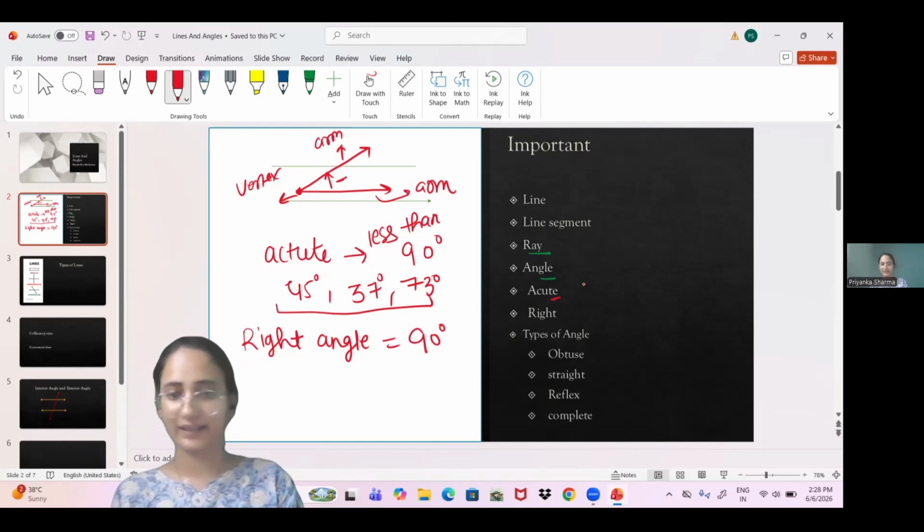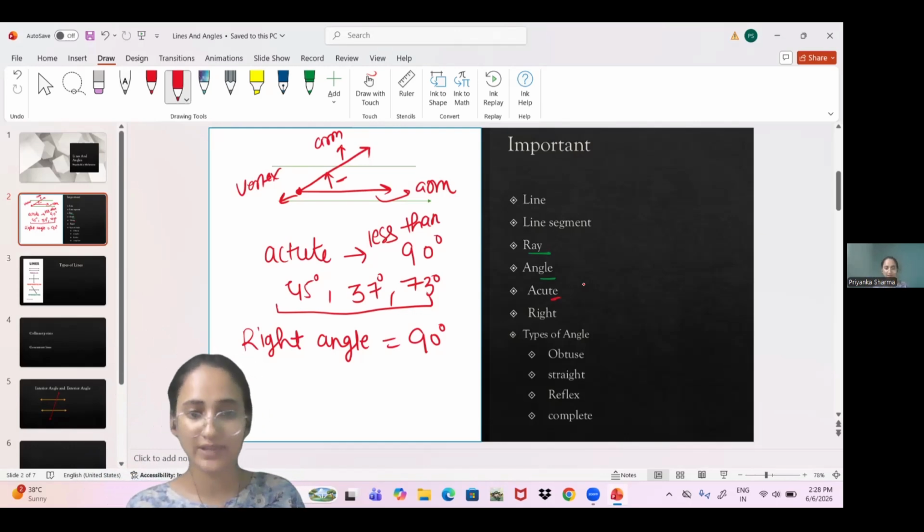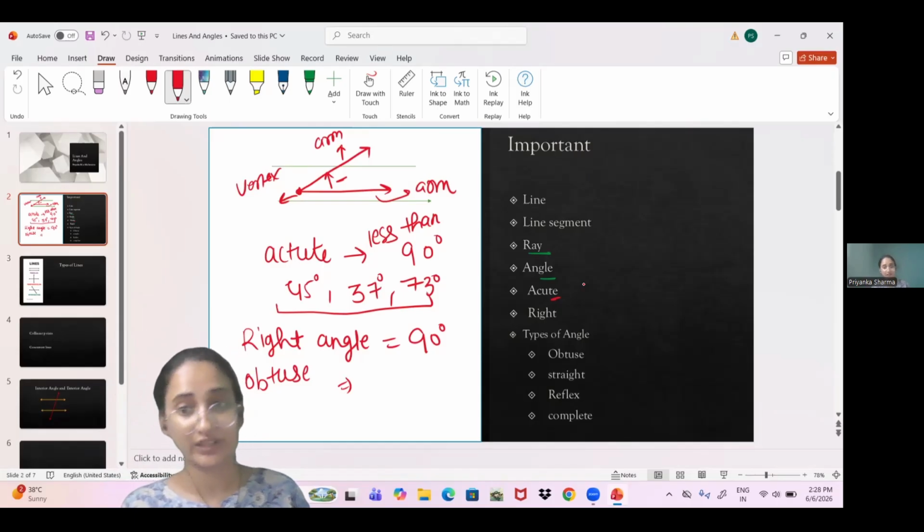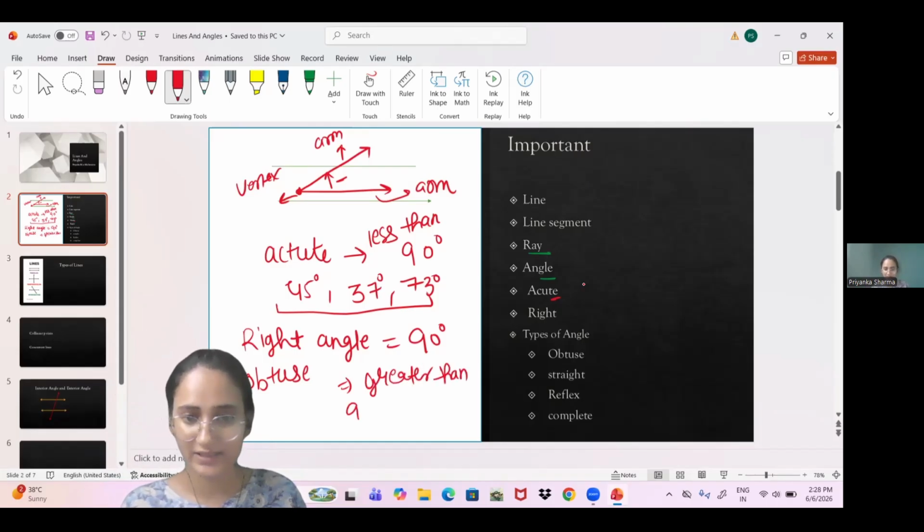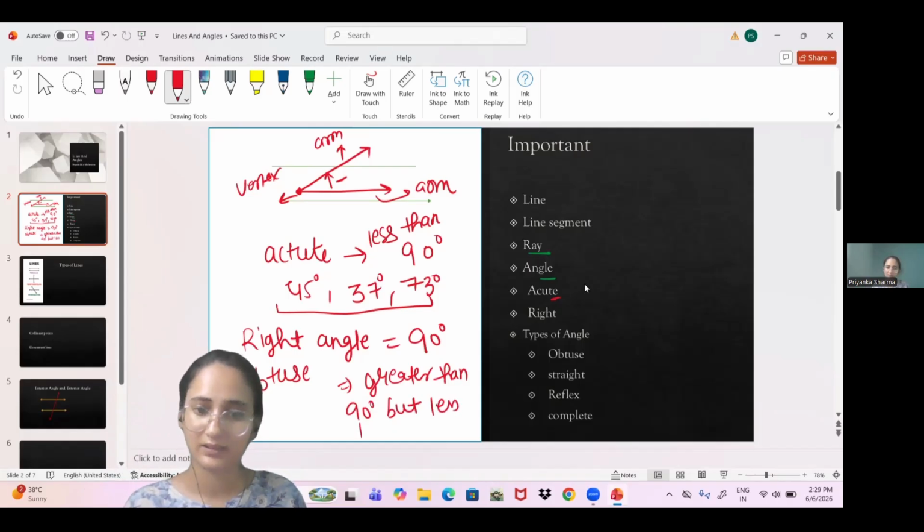So it is a right angle. And an obtuse angle is greater than 90 degrees but less than 180 degrees. And what is a straight angle?